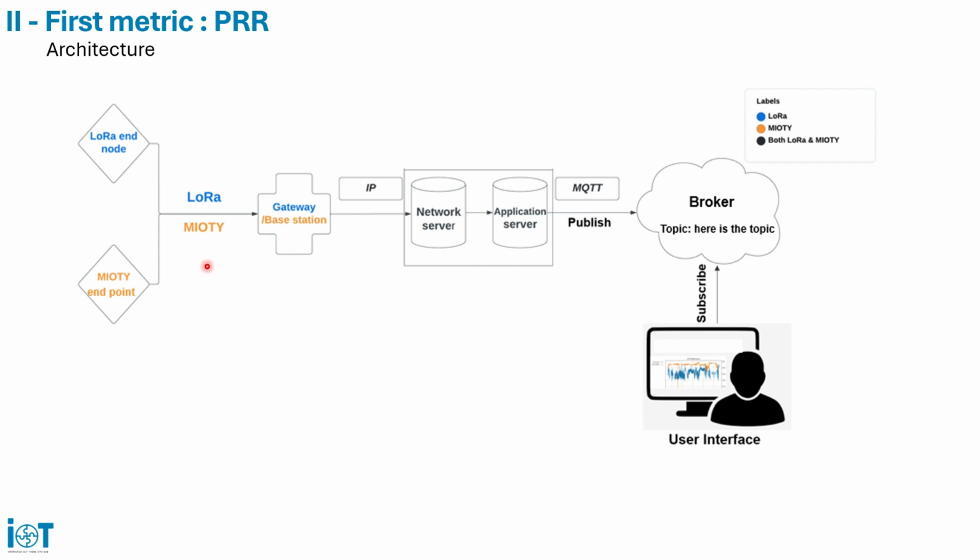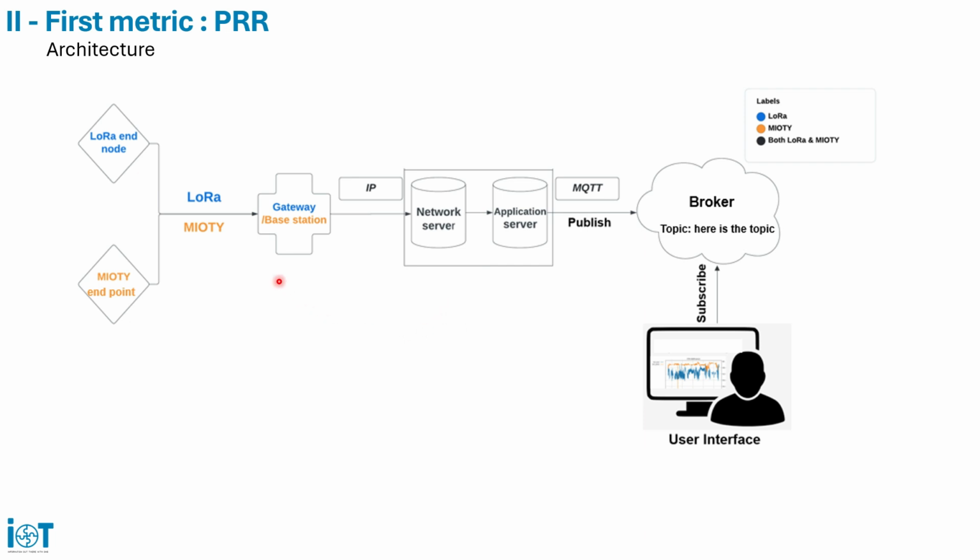The gateway will receive the data from the end node and make the data integrity check. It will also check the received signal strength indicator. And then, if everything is okay with the signal, the gateway will add some extra data like time, signal to noise ratio, RSSI, and then forward the packets to the network server and application server for authentication and decryption.